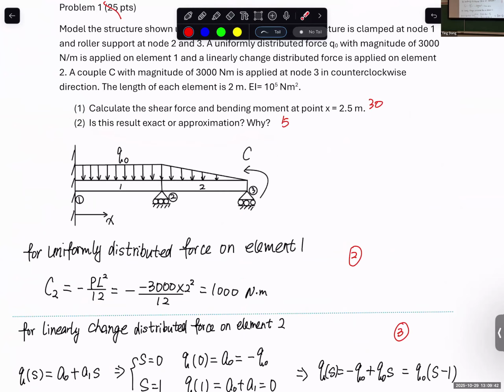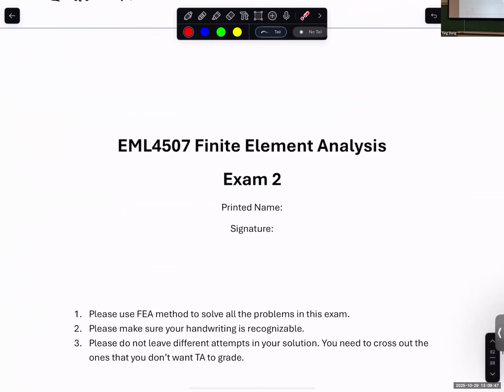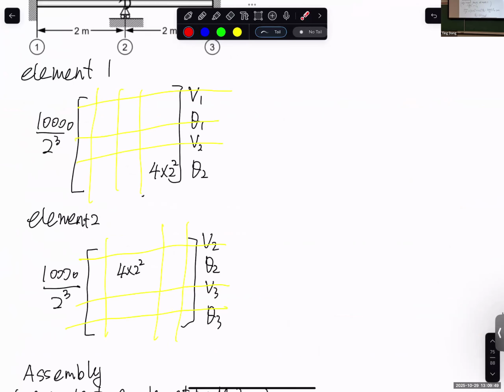Now for the exact versus approximation, I intentionally spent one class talking about modeling accuracy, and I even put a table.